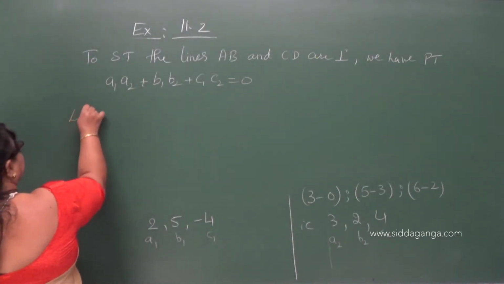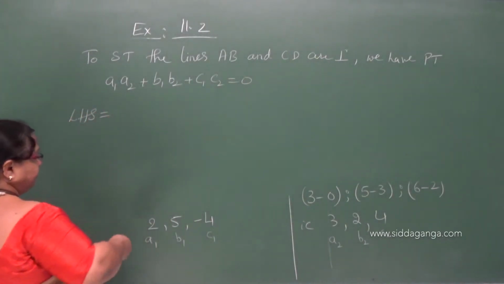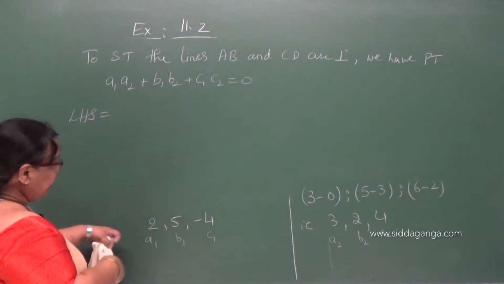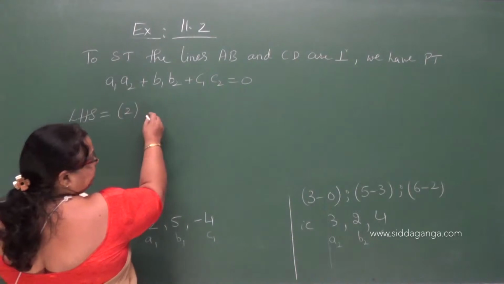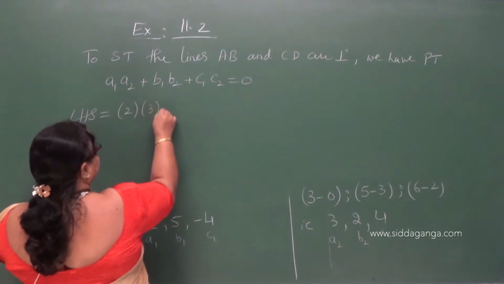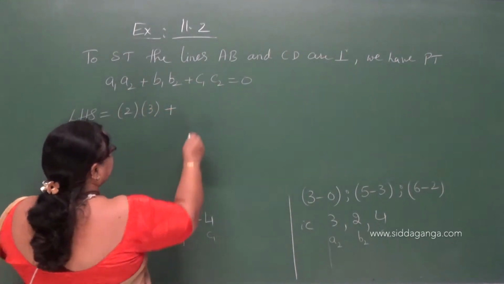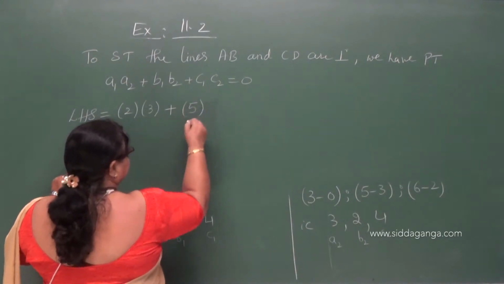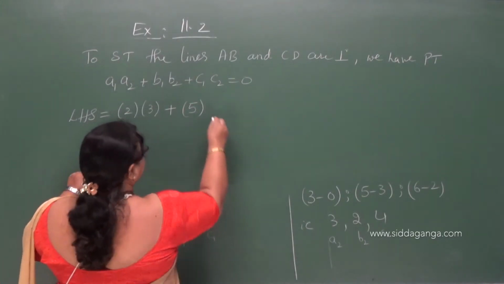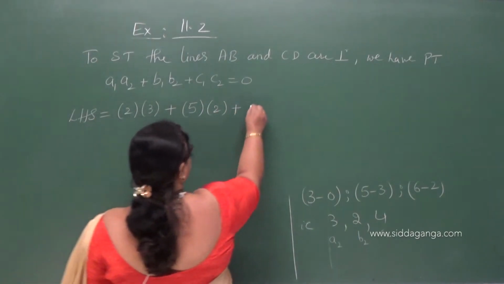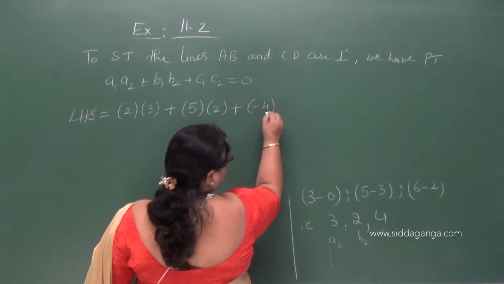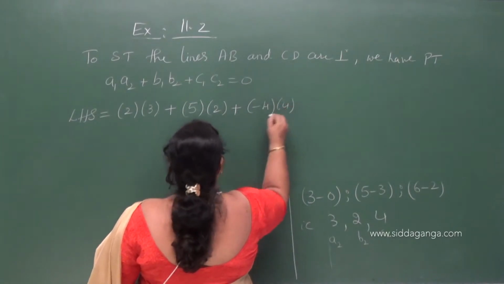Now you take the LHS part. In the first line A1 is 2, in the second line A2 is 3, plus B1 is 5, B2 is 2, plus C1 is minus 4, and C2 is plus 4.